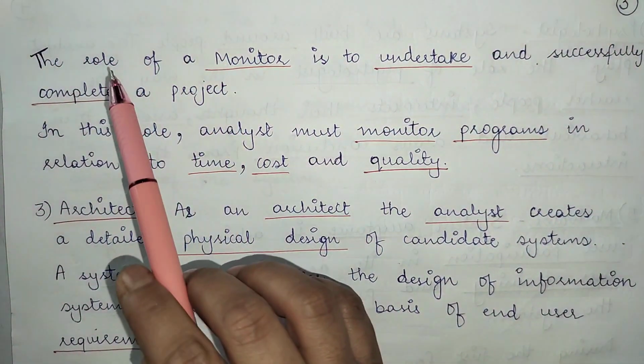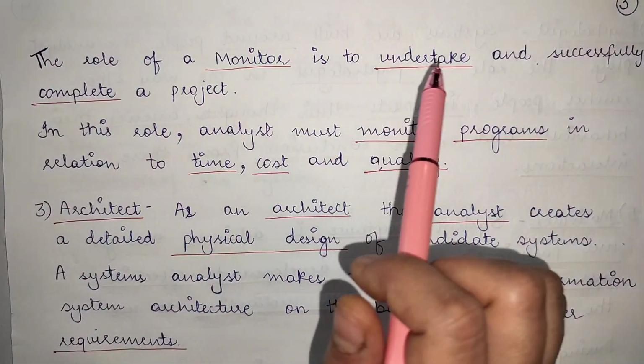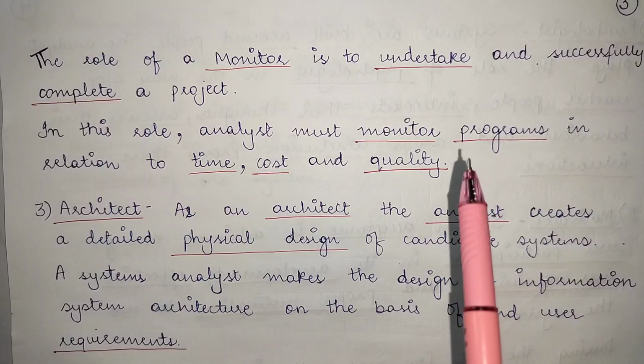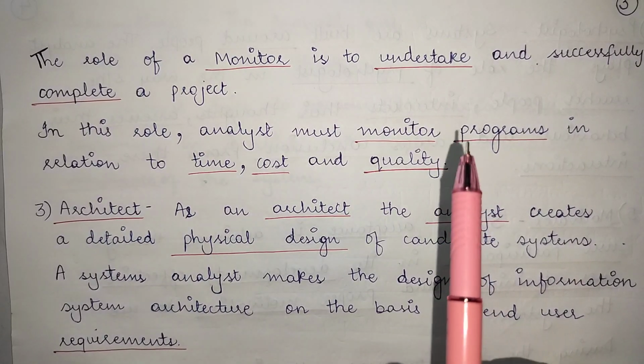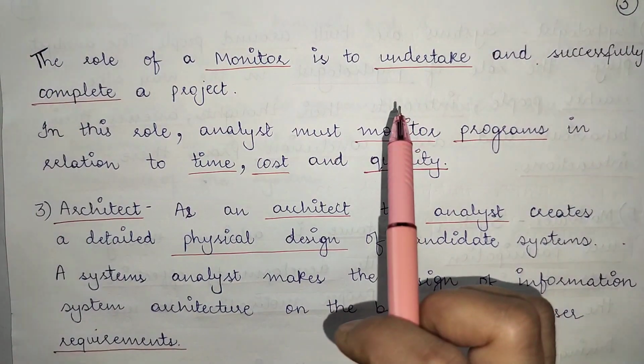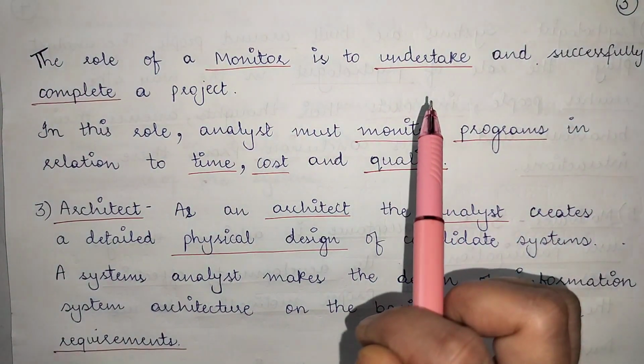As a monitor, the role of a system analyst is to undertake and successfully complete a project. So basically, what are the responsibilities of a monitor? Whenever he is given a task, he has to undertake that task and successfully complete it.